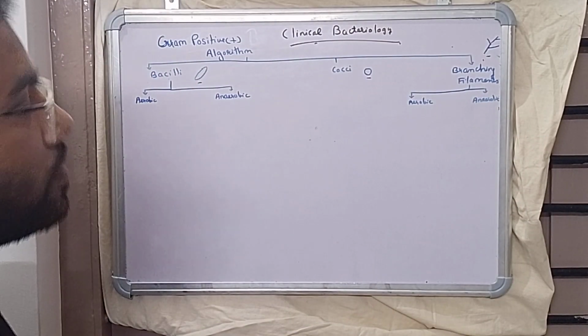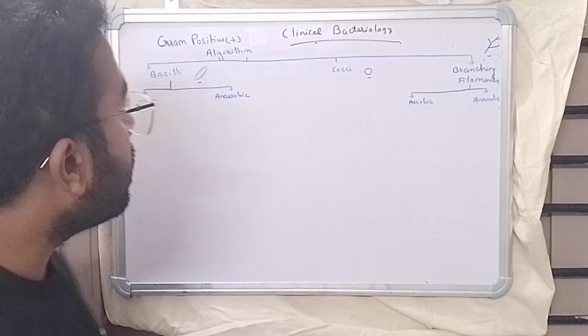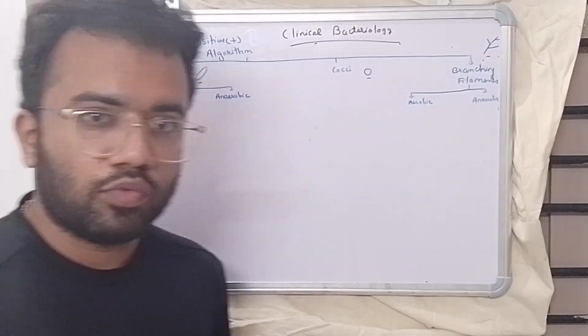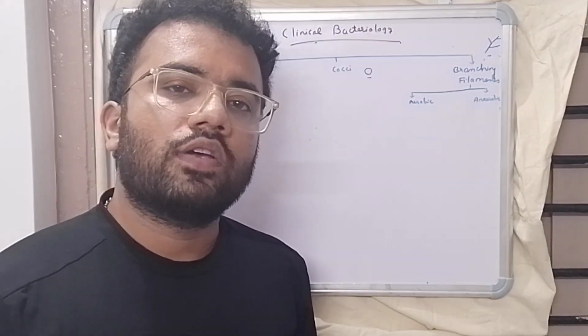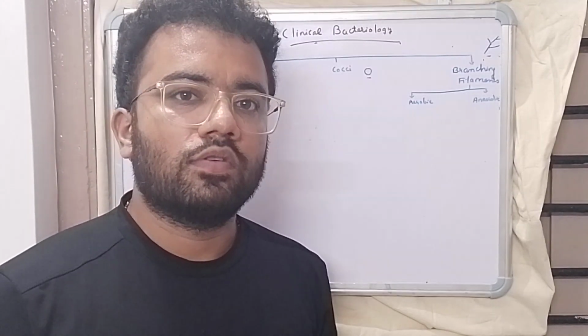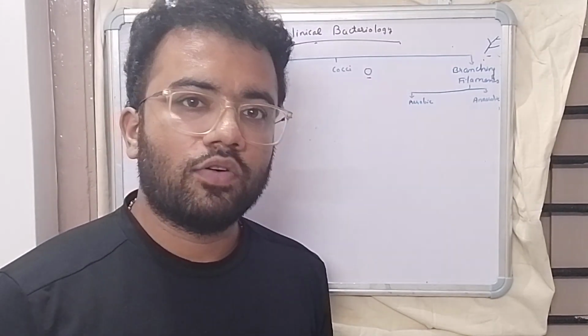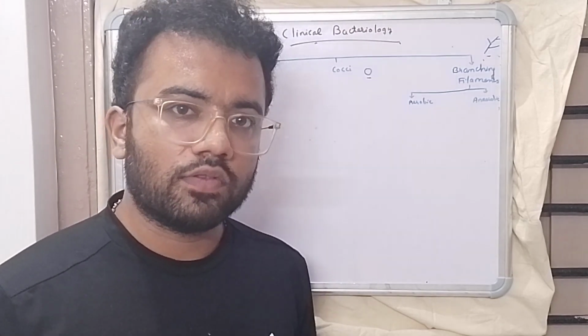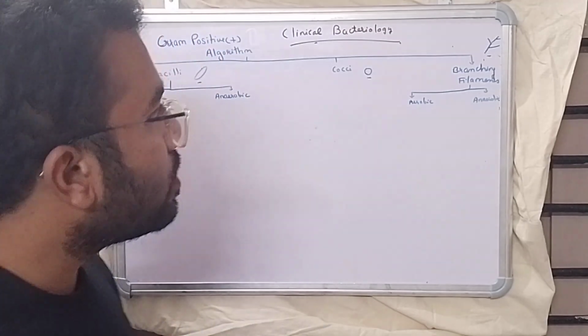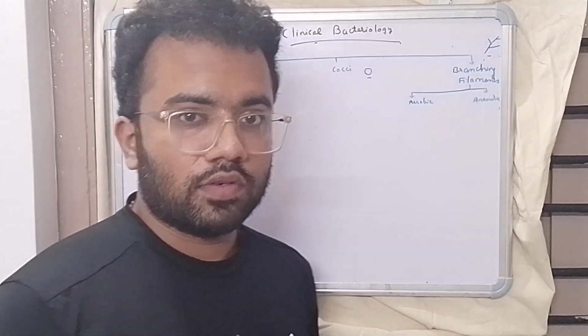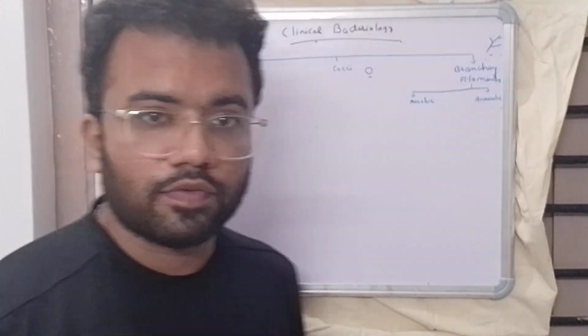I will tell you that this gram positive algorithm is derived from the First Aid book. You can check out this book in my description. I have not been paid or anything; I am just giving the reference. If you want a clear image of the algorithm, you can check First Aid.